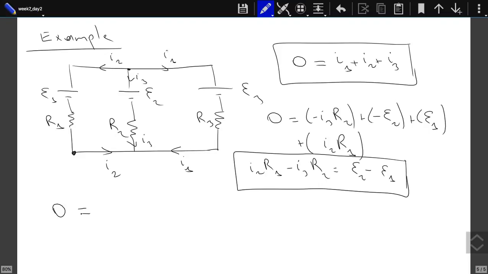Minus I1 times R3. The potential difference across a resistor is I1 times R3. That's I1. Since I'm going in the opposite direction to the positive direction of the current, this minus sign is because of that. And from this point to this point, what is the potential drop? Minus epsilon 3.